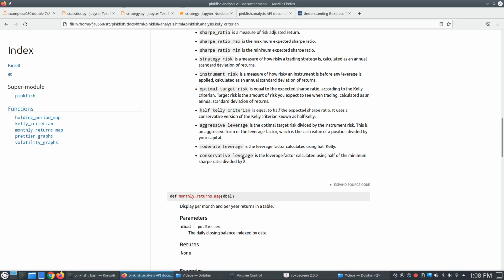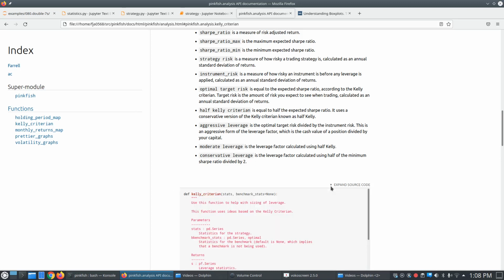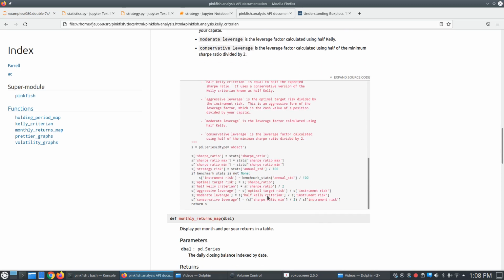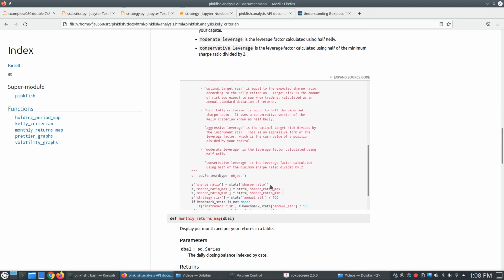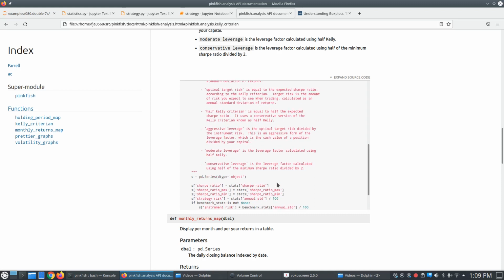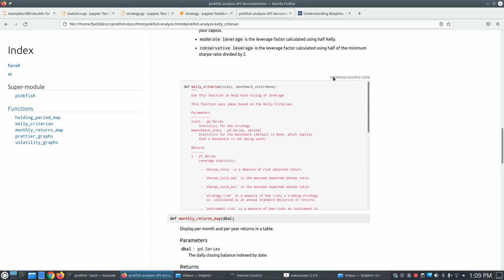Obviously, it's going to be a lower number. If you want to dig deeper into this, you can look at the source code for this and how this is computed. The actual calculation for this stuff is over in the statistics.py file.